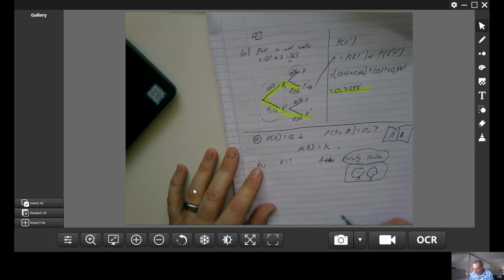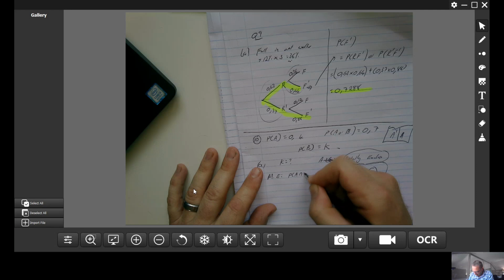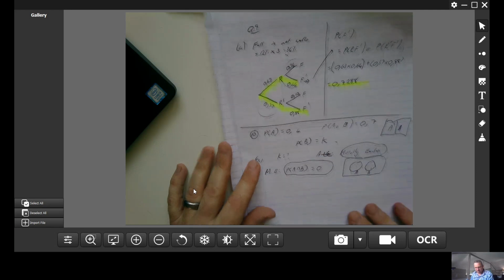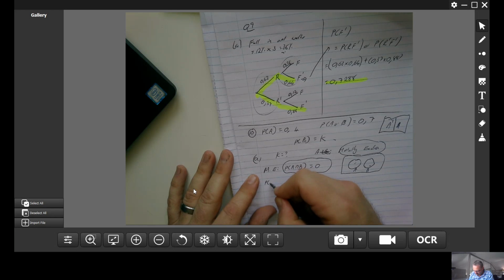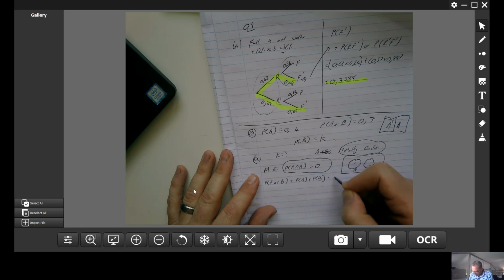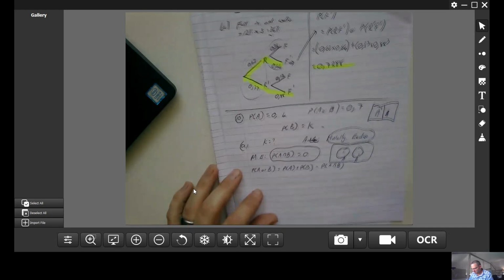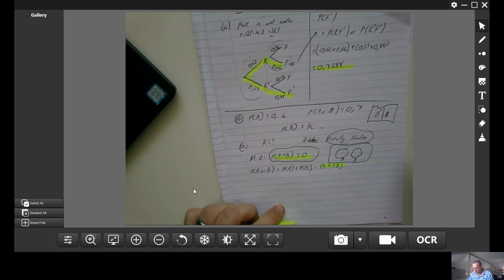The key idea, if you see mutually exclusive, is that the probability of A and B must be equal to 0. That's what's going to happen if things are mutually exclusive. Now, if you look on your formula sheet, the probability of A or B is equal to the probability of A plus the probability of B minus the probability of A and B. If they're mutually exclusive, the probability of A and B must be equal to 0.